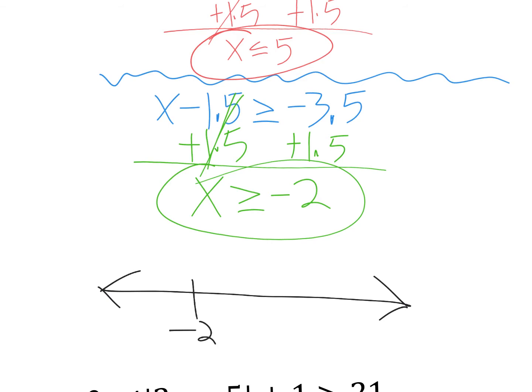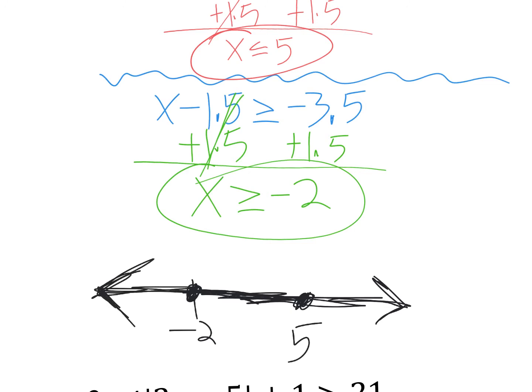If we have negative 2 here and it's greater than or equal to, then I'll put a solid dot here, and it's going to shade to the right. Then you have less than or equal to 5, so you put a solid dot where the number 5 would be, and it's going to shade to the left.